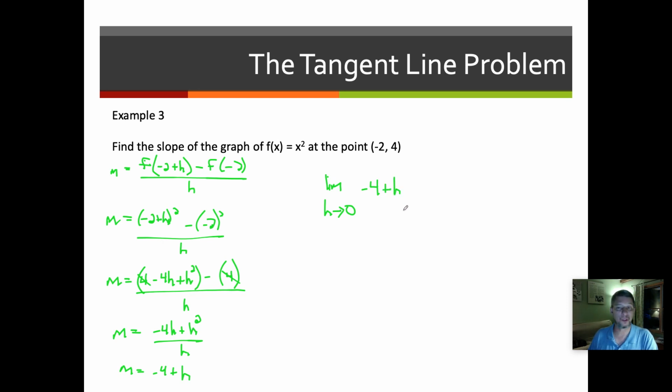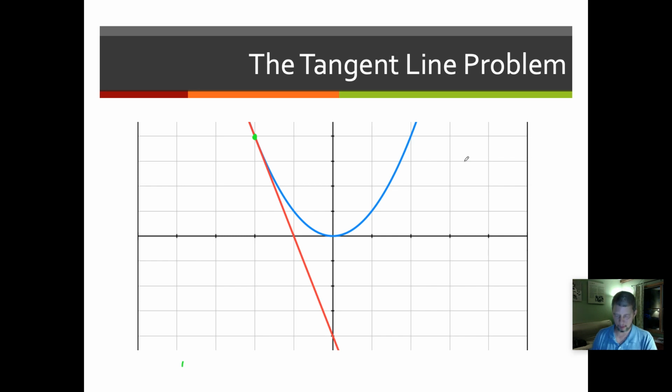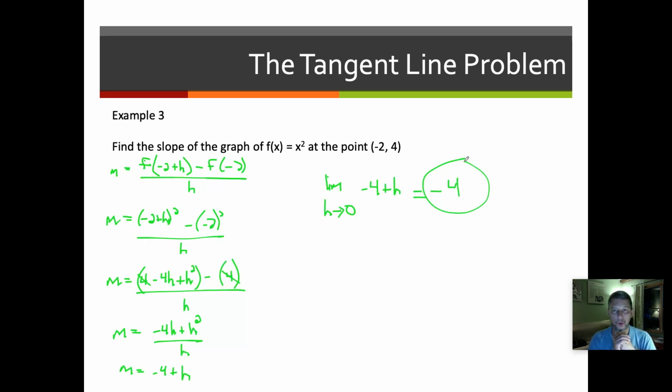Well, if I just use the direct substitution method, h becomes 0, and so this equals negative 4. And so there is my slope. So that is the slope of the graph f of x equals x squared at the point negative 2 comma 4. The slope is negative 4. Now, just looking at the graph, we knew that, but the difference quotient actually proves it.